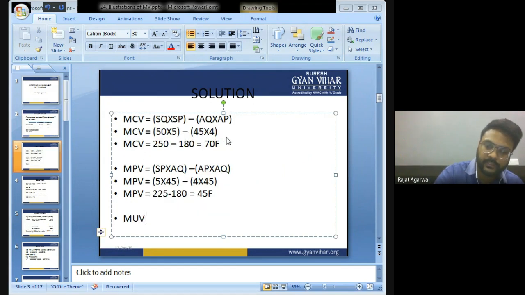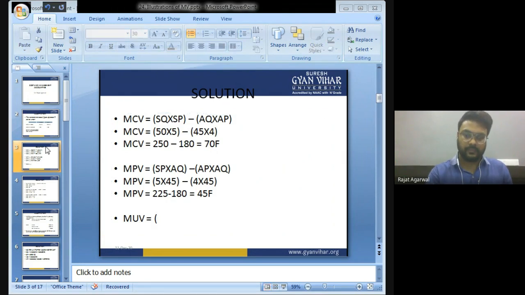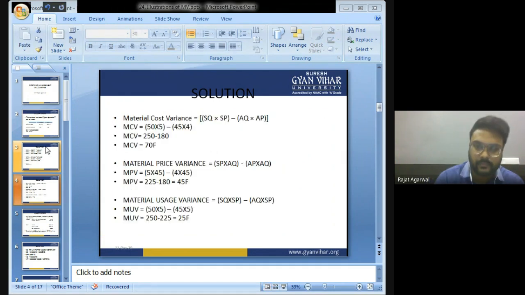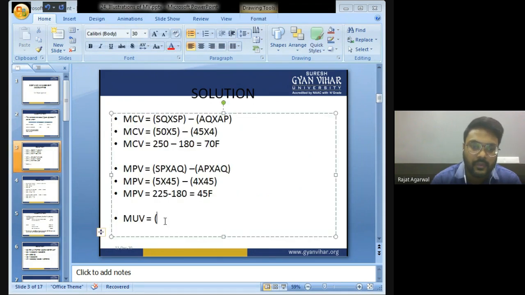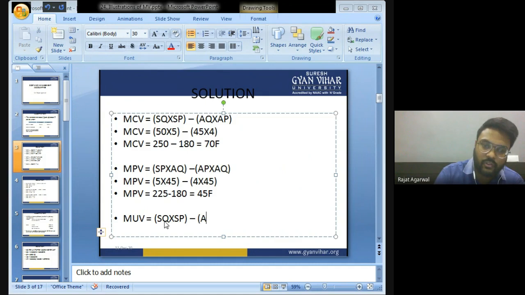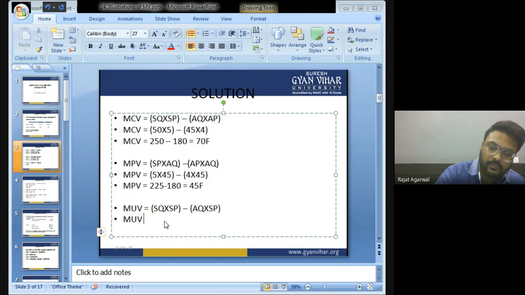Material usage variance. What is the formula of material usage variance? Standard quantity into standard price minus actual quantity into standard price. Standard quantity is how much? Standard quantity is 50.